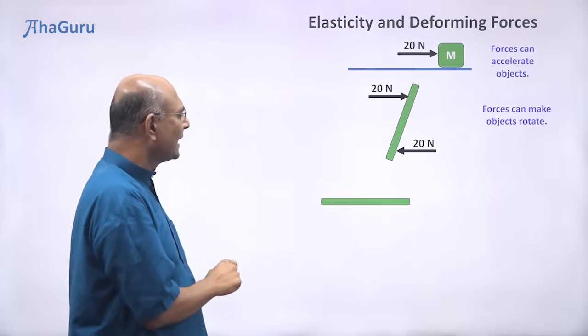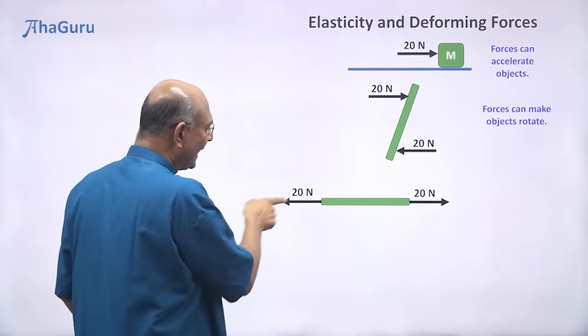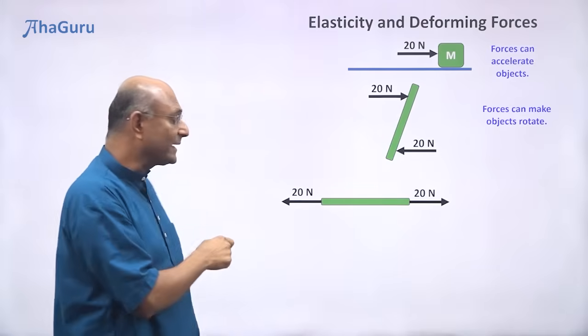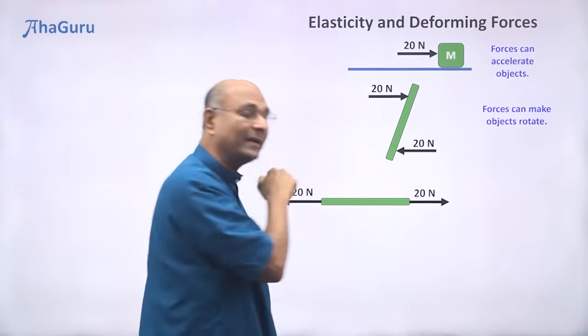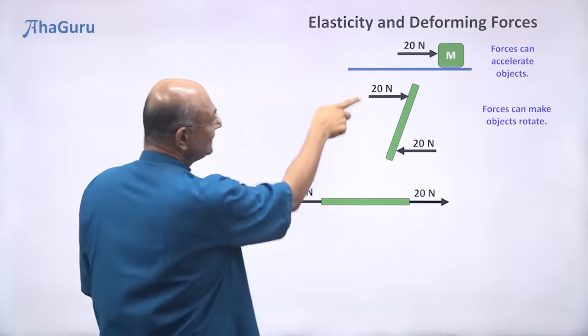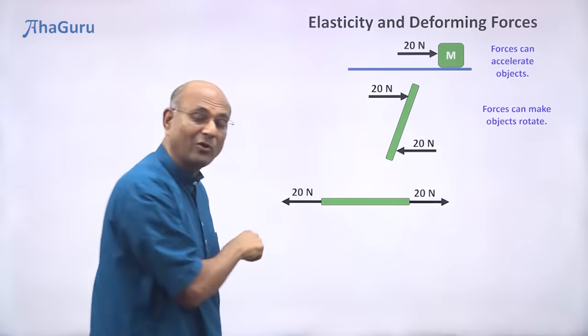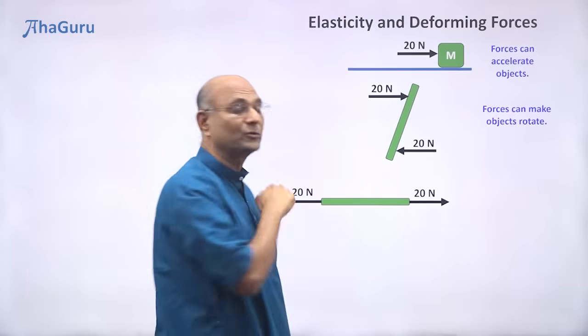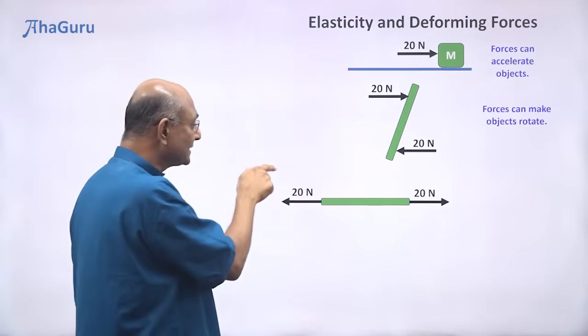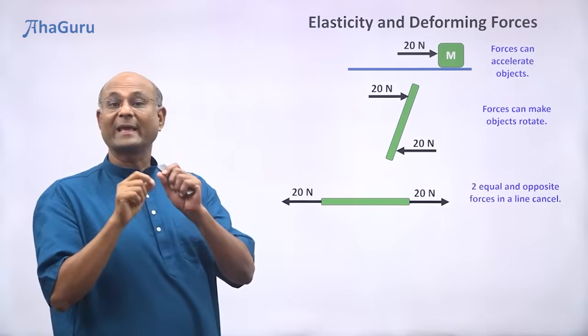But suppose I had this rod and I had two forces pulling it in exactly the opposite direction, and unlike this case where the two forces are not in a straight line, here the two forces are in a straight line. Then we can say that these forces cancel.